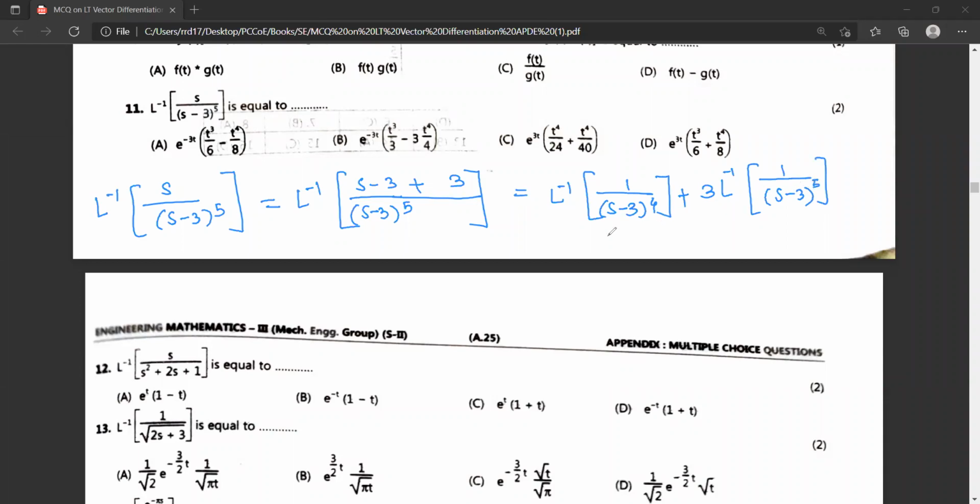Now it might still not be clear, but try to see this as the shifting property, with s raised to 4, but shifted by 3.